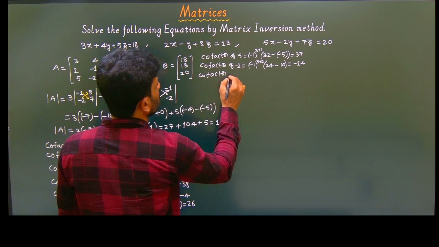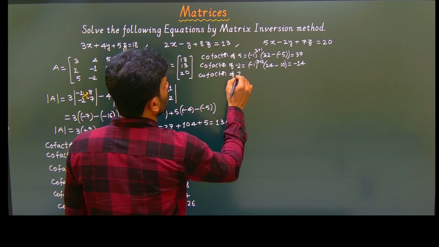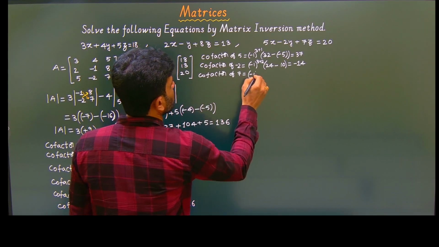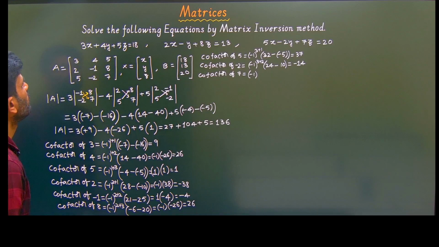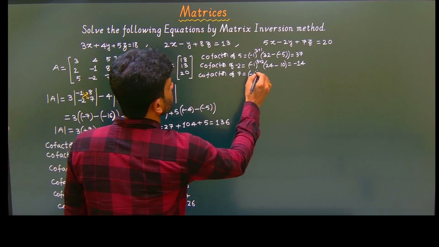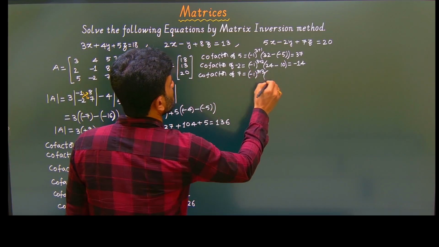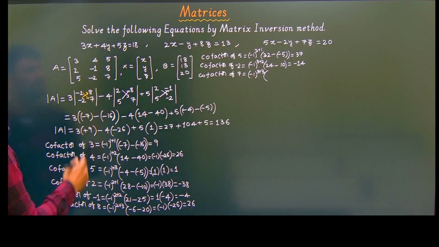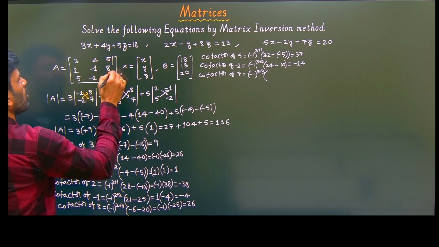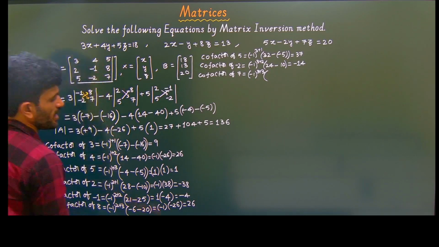Now cofactor of 7 is equal to, it is present in last row, last column, third row, third column. So minus 1 whole to the power of 3 plus 3 into, now what is left, 3 4, 2 minus 1.